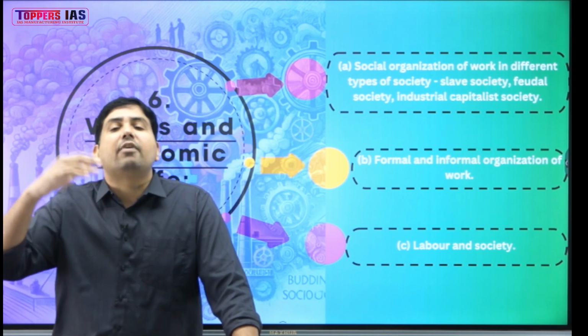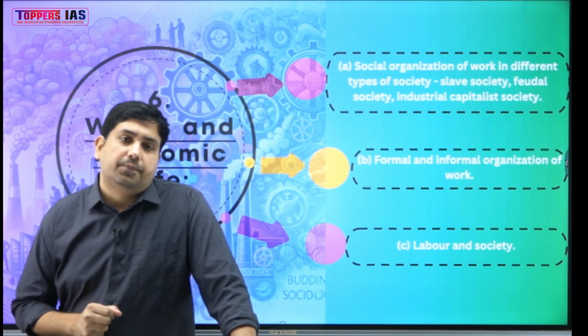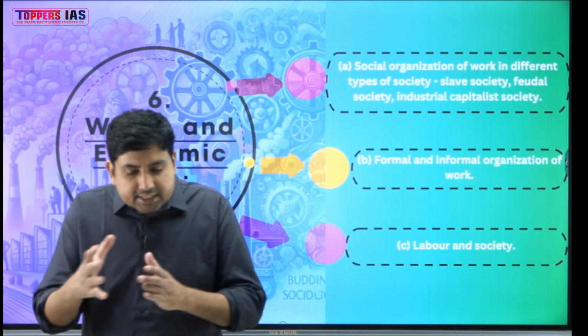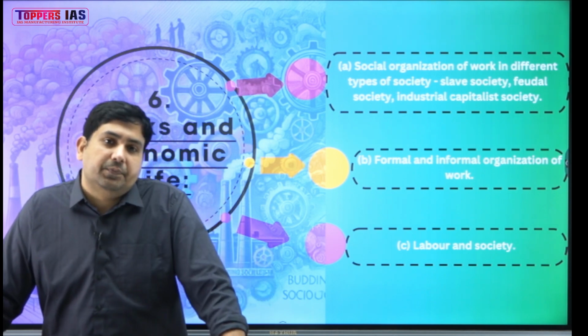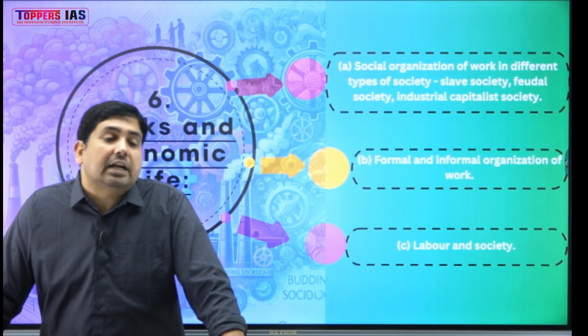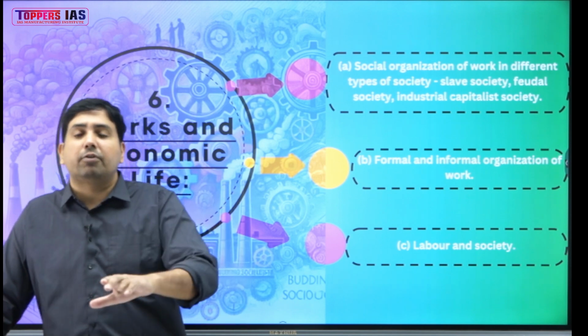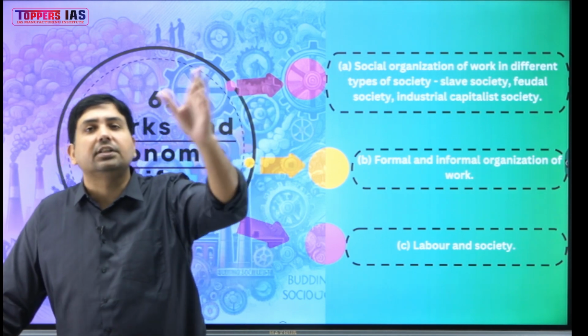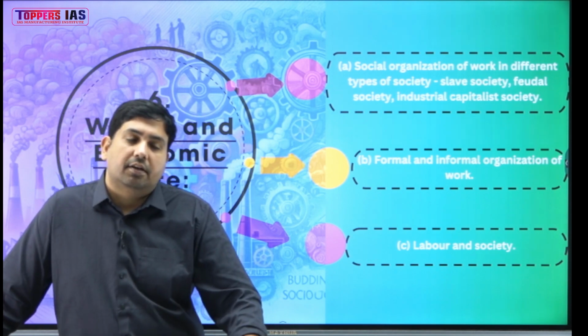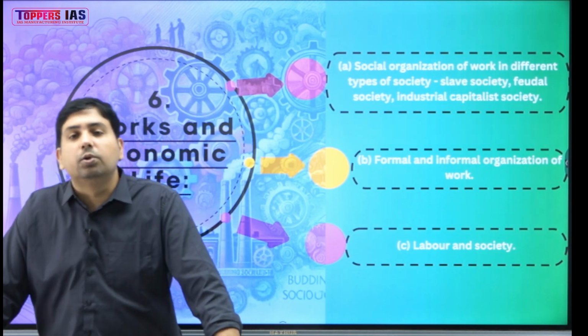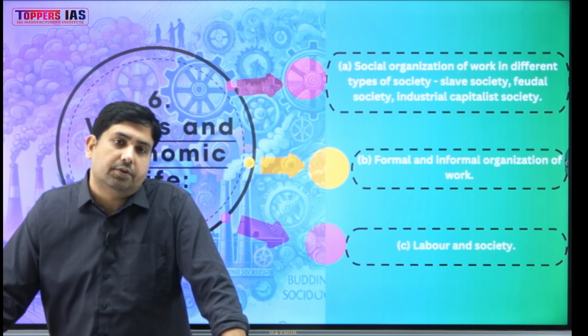There are well defined rules to regulate the relations among the parts of the organization. People are part of the organization, they work in different positions, there are certain rules which govern their relations, and definite goals have to be achieved.